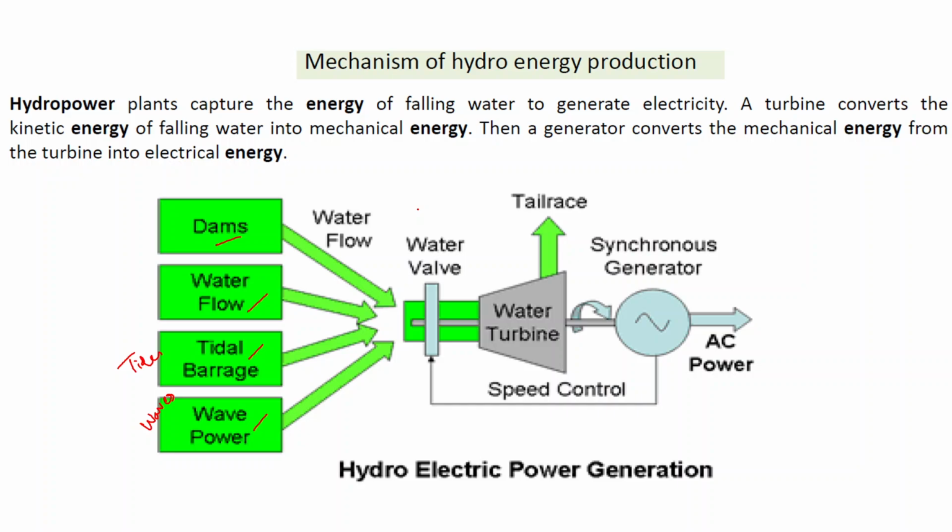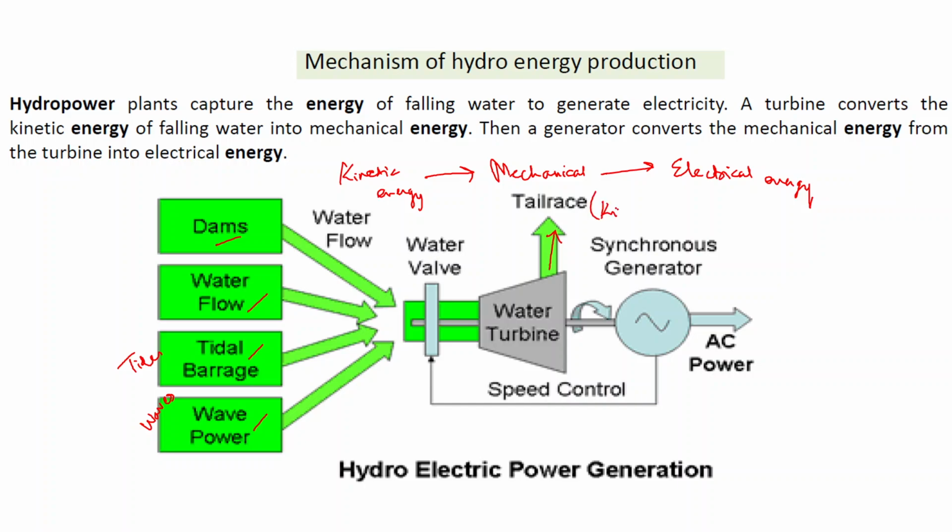The kinetic energy of flowing water is converted to mechanical energy in the turbine, and then this mechanical energy is converted into electrical energy in the generator. After the kinetic energy is absorbed, water is released from the other side of the turbine, which is called the tail race.